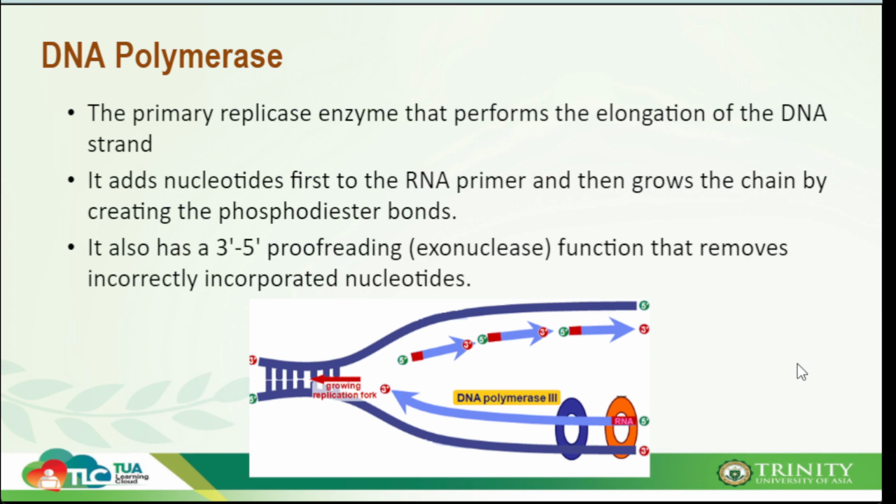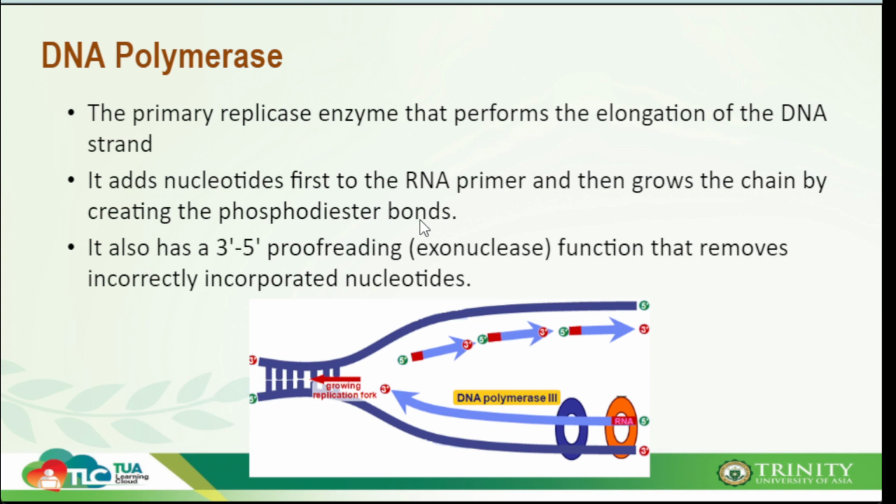So, here is another picture showing you the DNA polymerase. So, it's actually a primary replicase enzyme. Again, ang role talaga niya is to perform the elongation of the DNA strand. So, what it does is it adds nucleotide una to the RNA primer. Diba? As mentioned kanina. And then, sunod-sunod na nilalagyan ng DNA nucleotides by the phosphodiester bond. Okay?